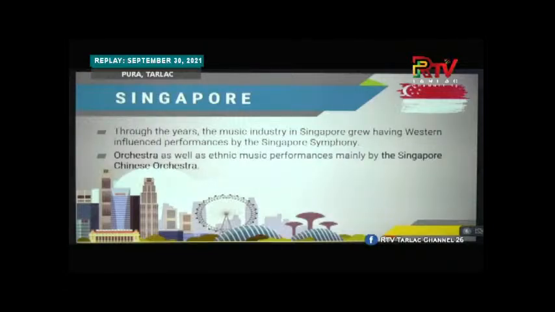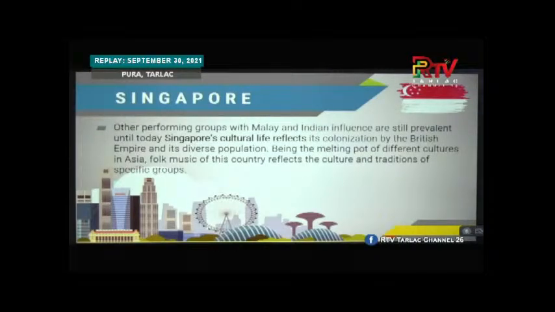Through the years, the music industry in Singapore grew, having Western influenced performances by the Singapore Symphony Orchestra, as well as ethnic music performances mainly by the Singapore Chinese Orchestra. Other performing groups with Malay and Indian influence are still prevalent.